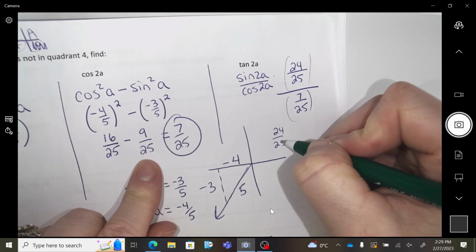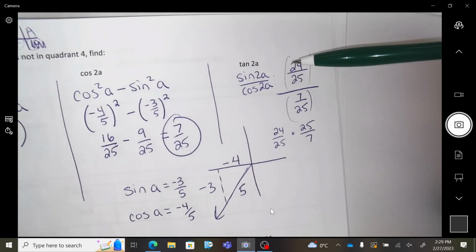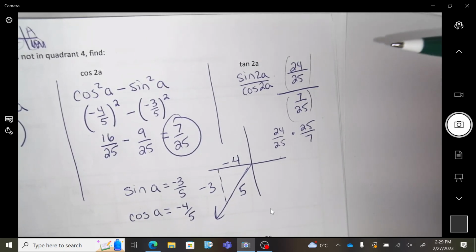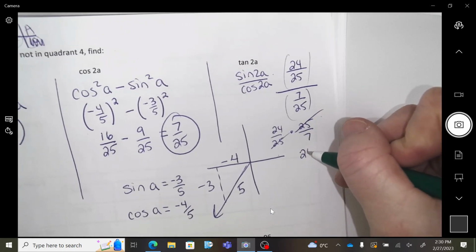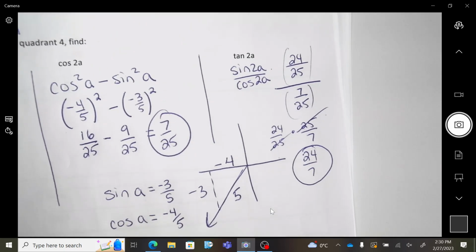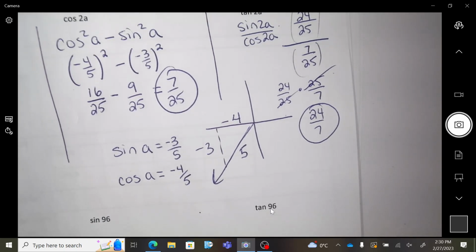Does that make sense? So the first fraction times and flip the second one. And then what will happen? There will be a cancel. And that's our final answer. Okay?